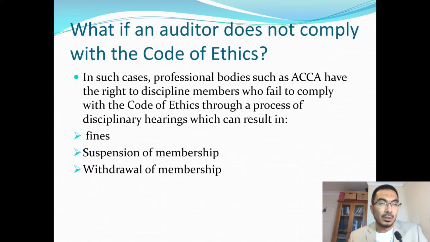If an auditor does not comply with the code of ethics, in such cases the professional bodies such as ACCA have the right to discipline members who fail to comply through a disciplinary process. They might fine you, and if you repeat it again, they might suspend your membership for 6 months or 1 year. And then if you do it again, then they might withdraw your membership, so you lose your membership certificate.